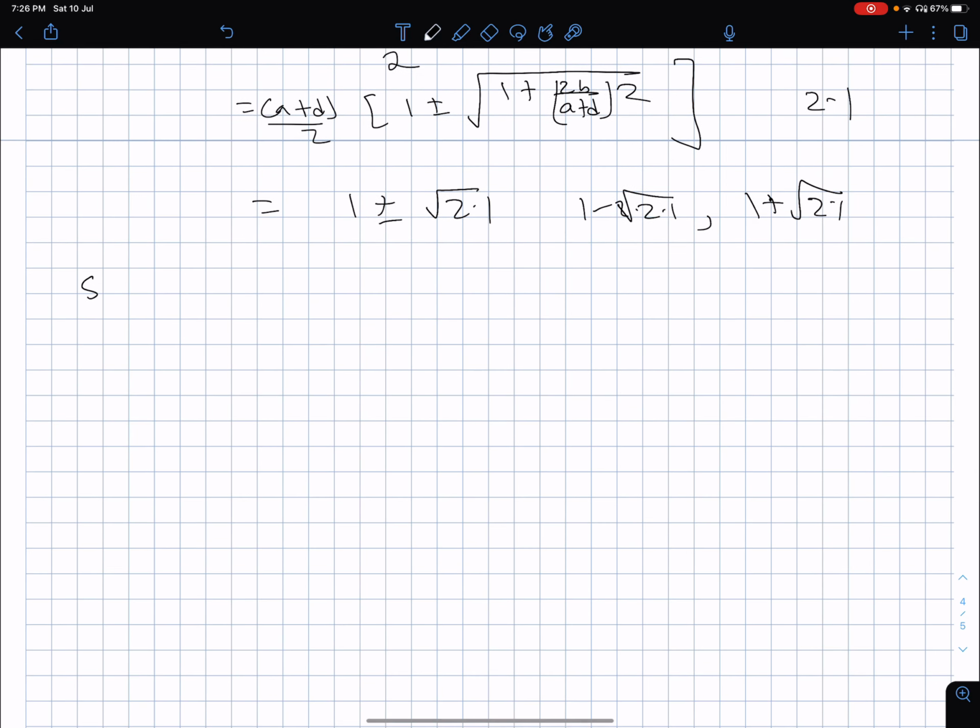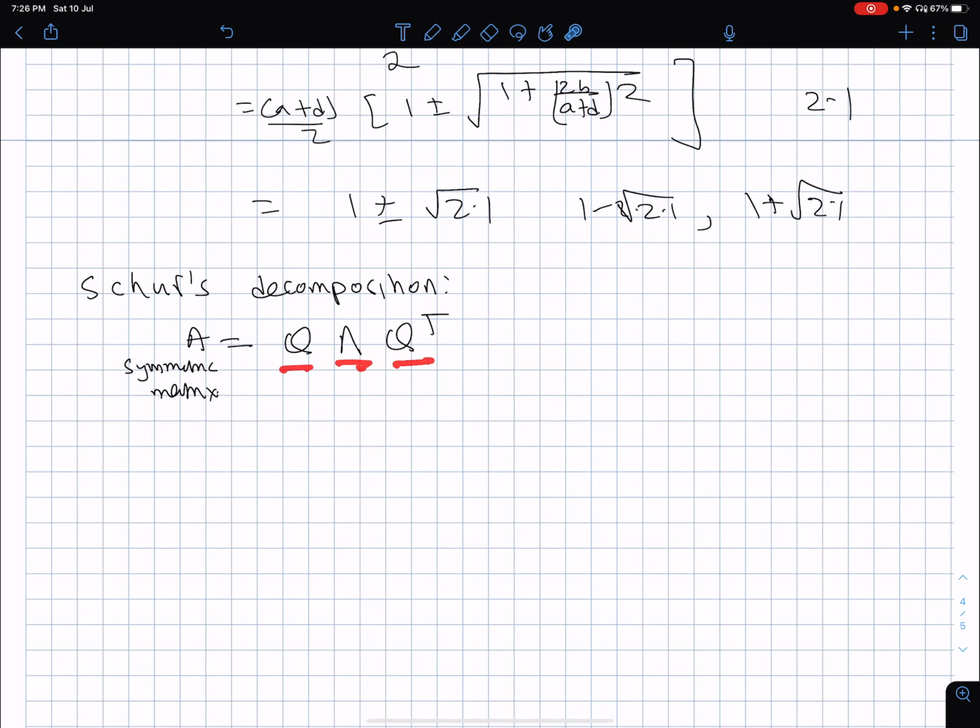Now there is an important decomposition called Schur's decomposition, which states that a real symmetric matrix can be written as the product of a matrix Q which is orthogonal, times a diagonal matrix lambda, times the transpose of Q. Now, what is an orthogonal matrix?